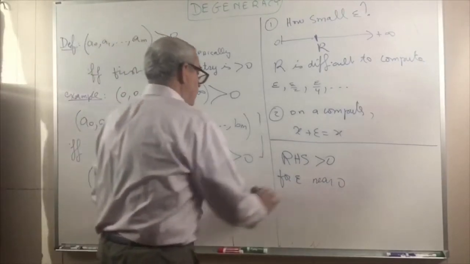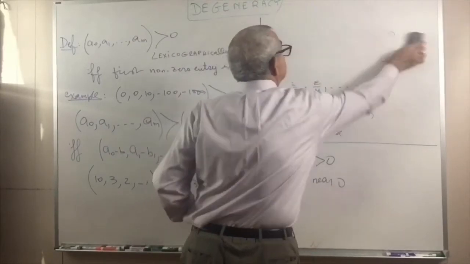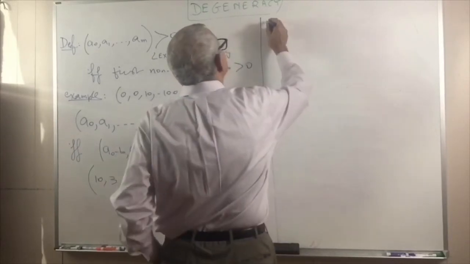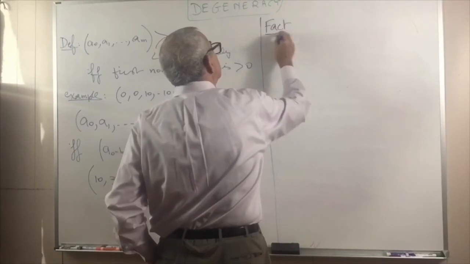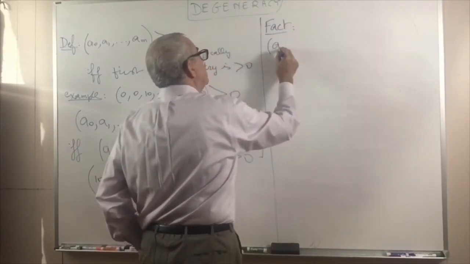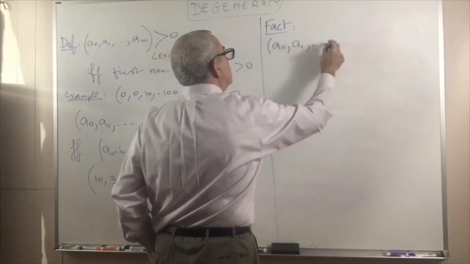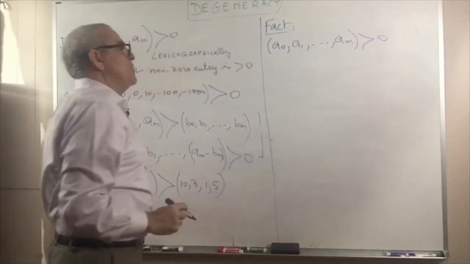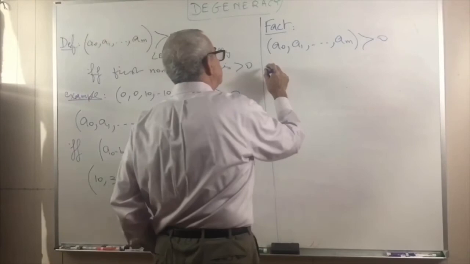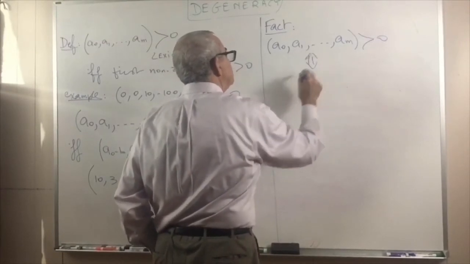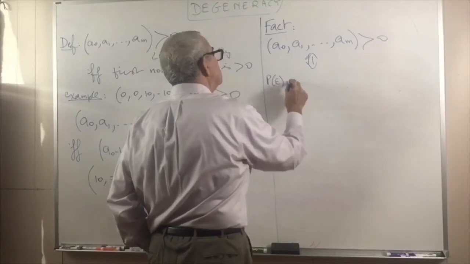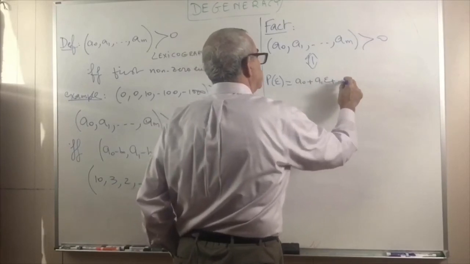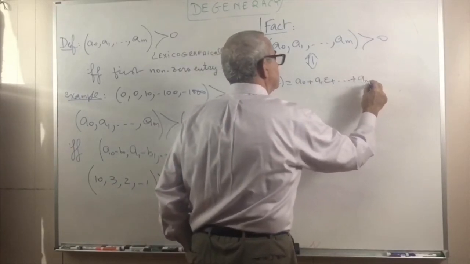Now, a fact: if we have a vector that's lexicographically bigger than 0, then it's equivalent to this: P of epsilon equal to A0 plus A1 epsilon plus etc., AM epsilon to the power m.